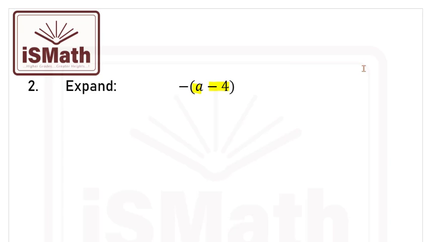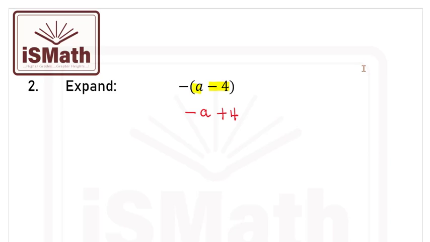So each of these terms will be multiplied by whatever is outside the bracket, and what is outside the bracket is minus 1. So I'm going to have minus 1 times plus a. My answer there is supposed to be minus a. The next now is minus 1 times minus 4. Minus times minus will give you plus. 1 times 4 will give you 4.